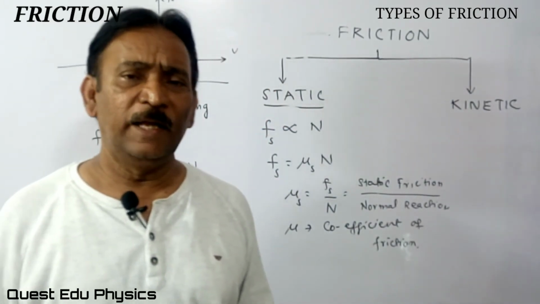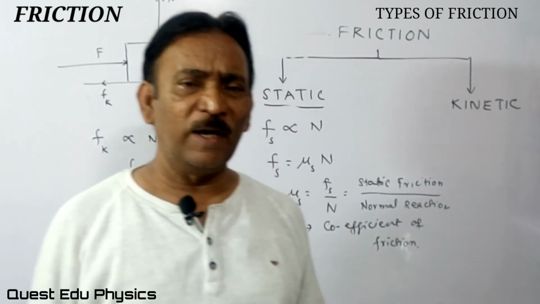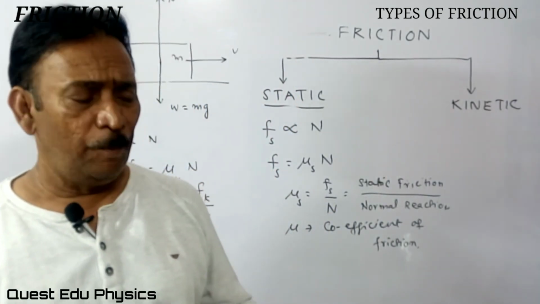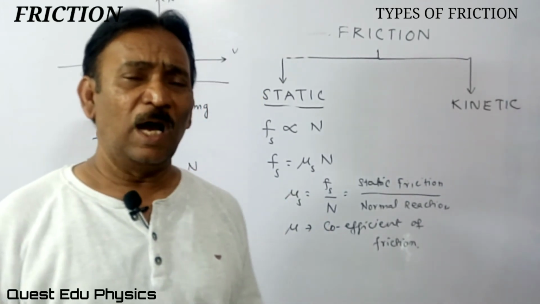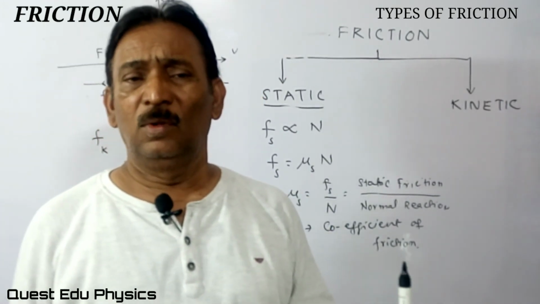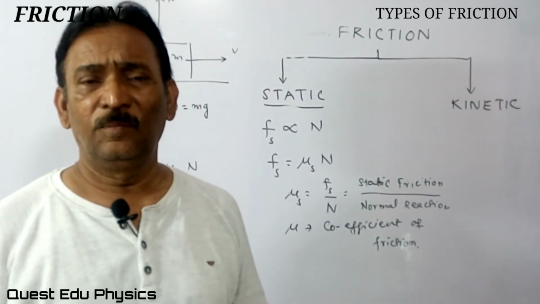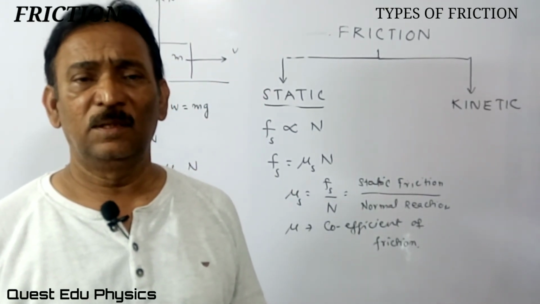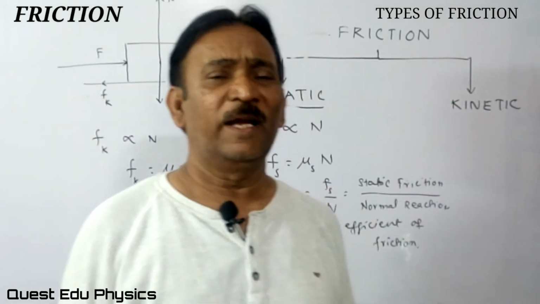If you are young and pedal a cycle, you know that a cycle is provided with two small brakes. These brakes are capable of stopping the running cycle. Frictional force doesn't depend upon the area of contact.